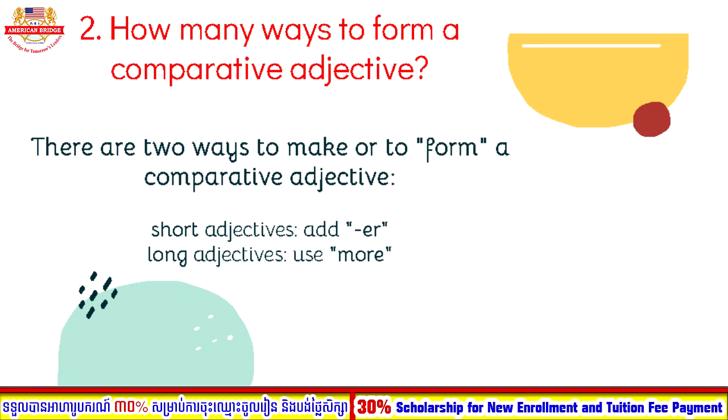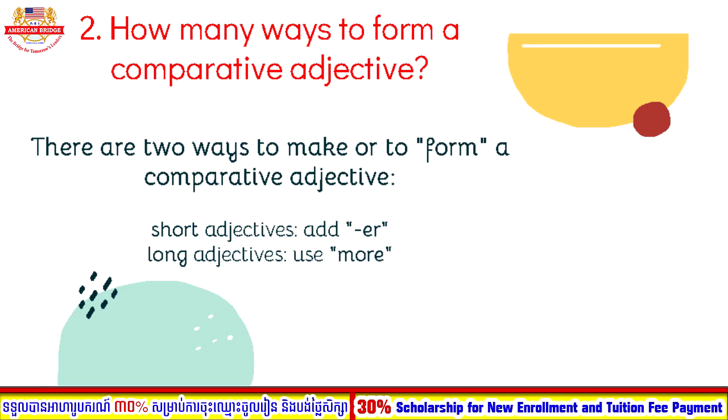A short adjective is an adjective that has only one syllable, like the word short, the word big, the word small. Only one syllable means one sound.